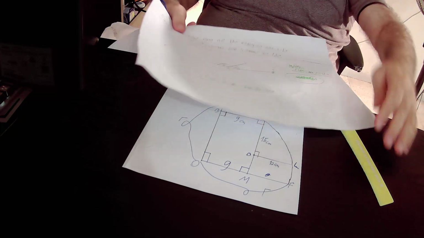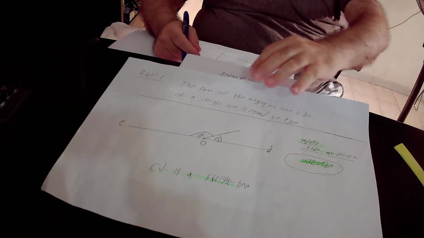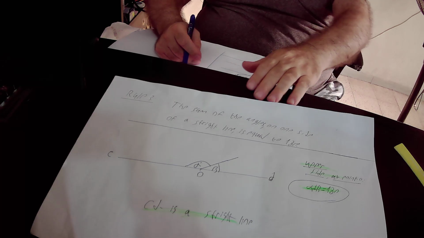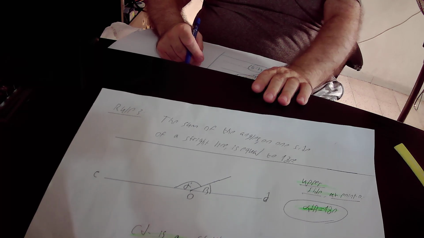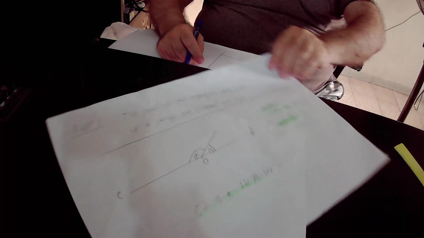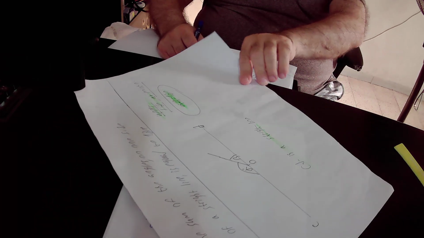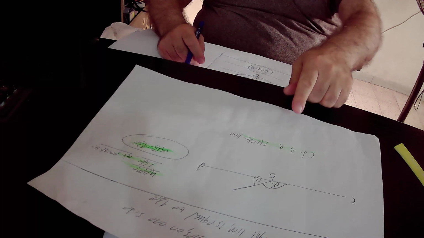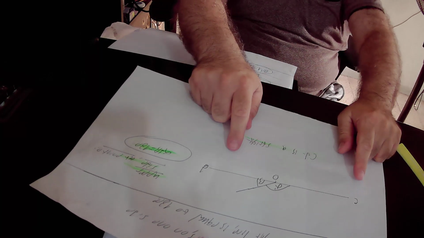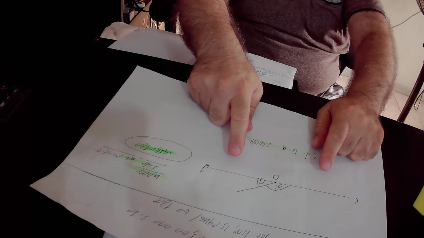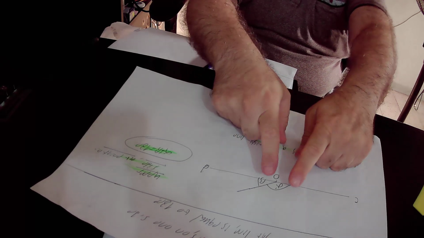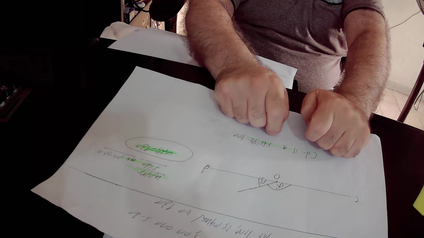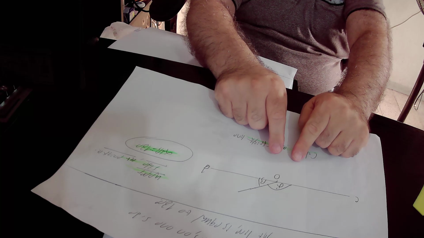And we have rule number 3 that states that the sum of the angles on one side of a straight line is equal to 180 degrees. Here, CD is a straight line, so if we focus on the upper side of the straight line CD at point O, the sum of the angles must be equal to 180 degrees. Which angles do we have on the upper side of CD at point O?